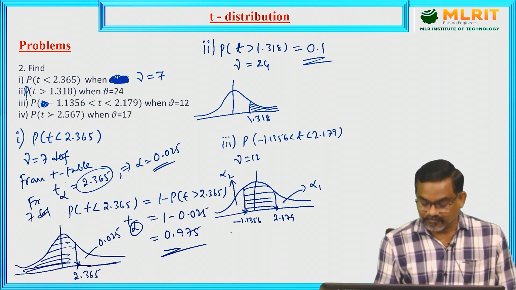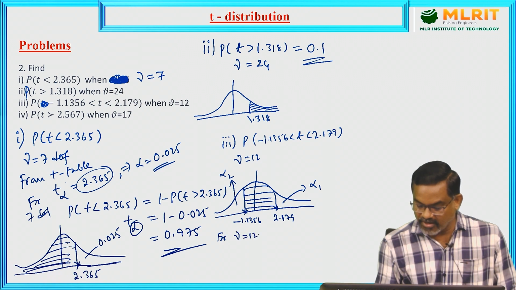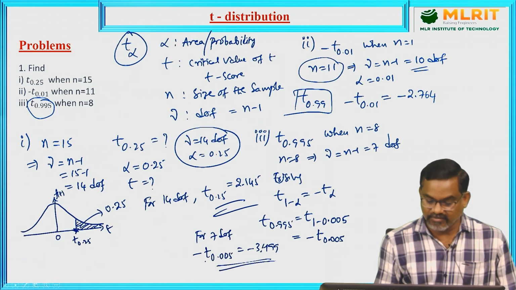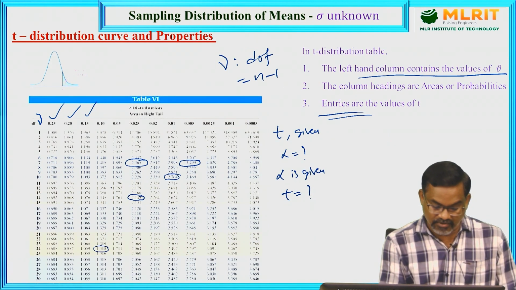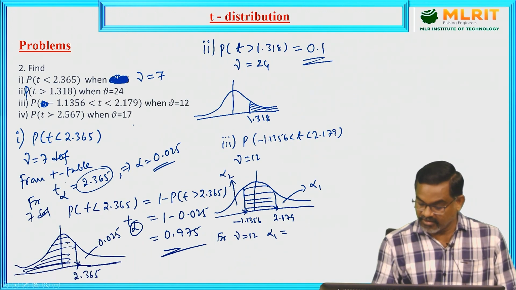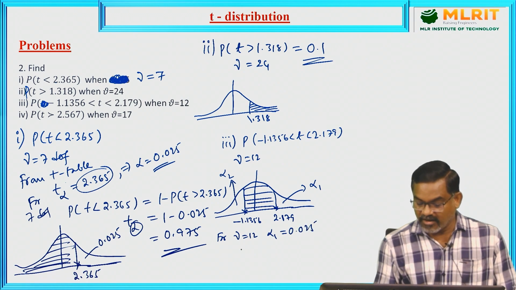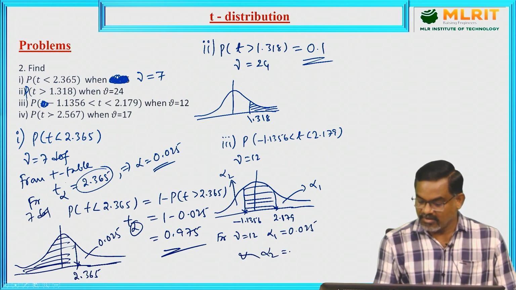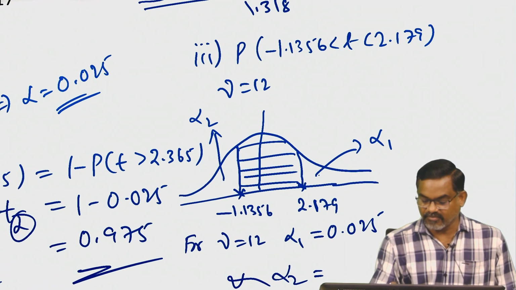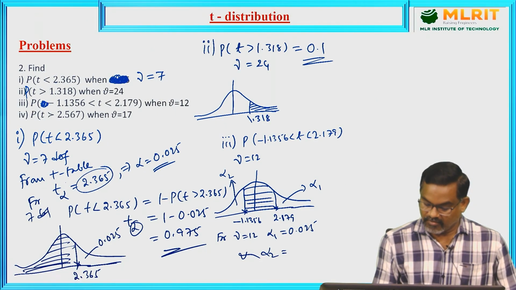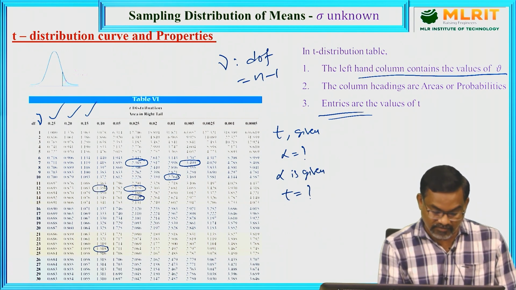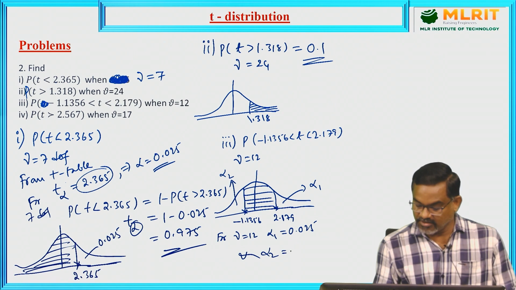So, for nu equal to 12 degrees of freedom, alpha 1 for 2.179 is 0.025. And alpha 2 is the left side region for 1.1356. For 12 degrees of freedom and 1.1356, it is 0.1.